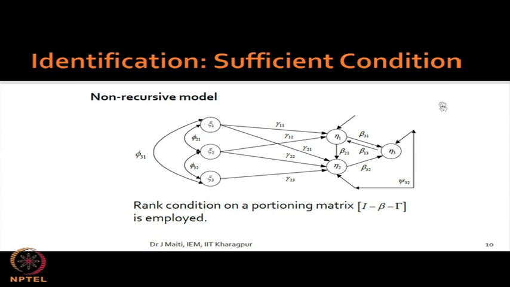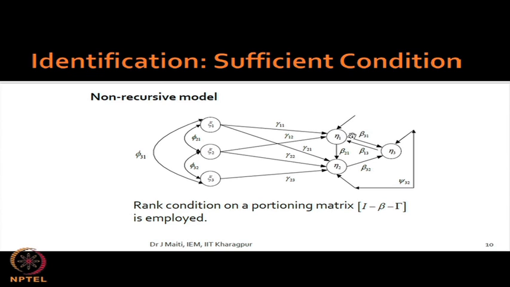Now, you go to the non-recursive model. See what is happening here. Suppose I take this path, eta 1 affecting eta 2, eta 2 affecting eta 3 and eta 3 affecting eta 1. I start from eta 1, go to eta 2, go to eta 3, and again I am coming back to eta 1.